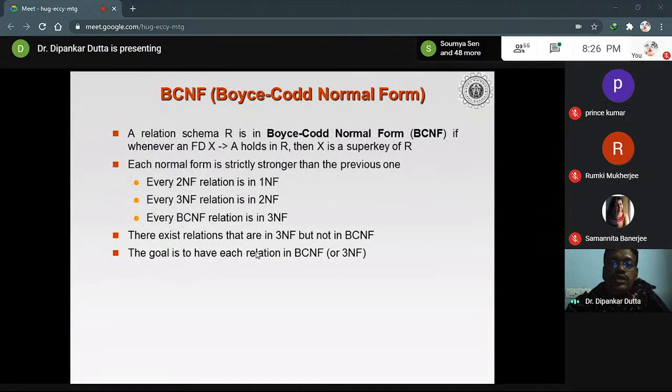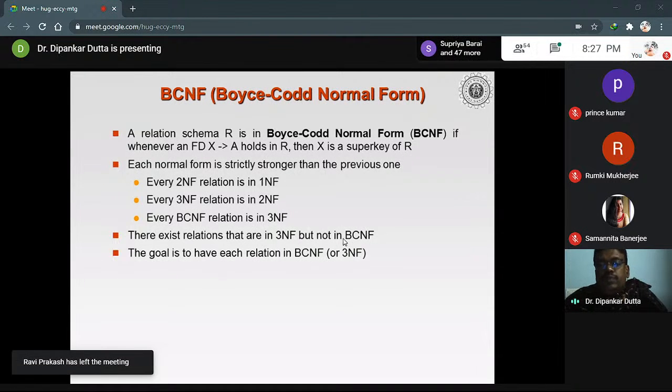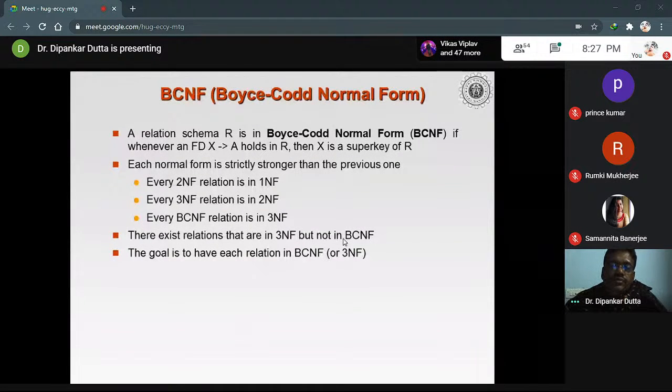So the goal is to have each relation either in BCNF or 3NF. When we get a relation, we have to check whether it is in BCNF or 3NF. If BCNF is possible, we go for BCNF. If it is not possible due to dependency preservation, we can go up to 3NF.